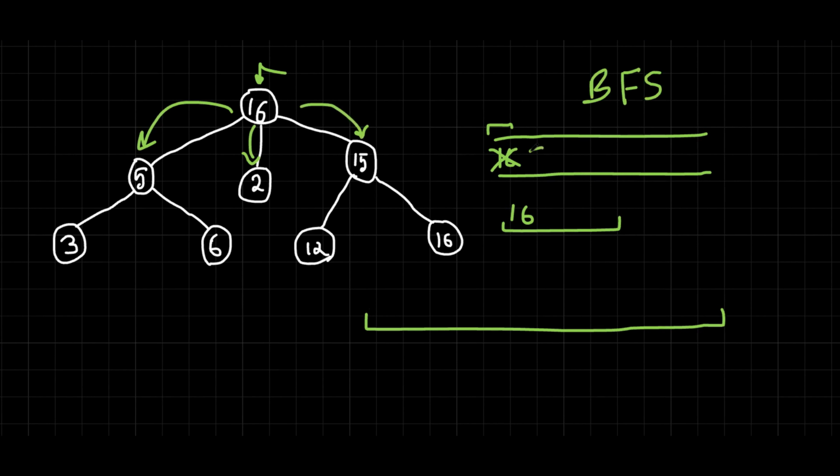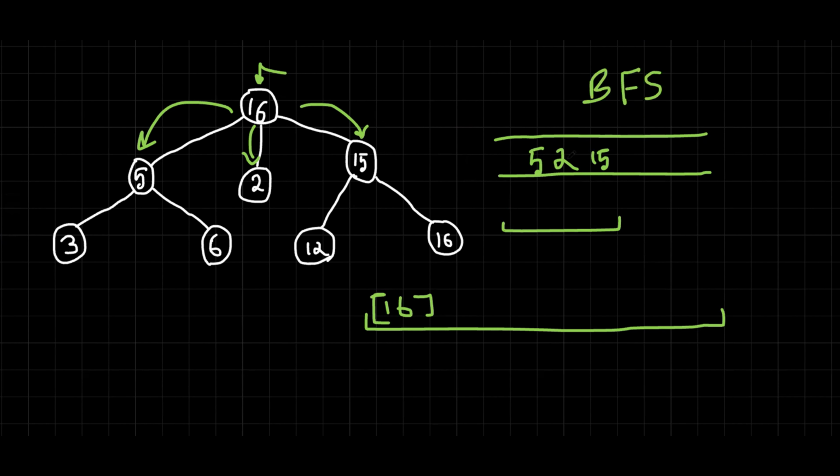So we have to insert all 3 of them into the queue. Now we have to insert 16 here as the first level traversal. So we have completed the first level traversal. Now let's erase the first level.